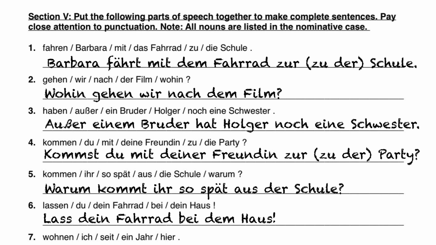Lass dein Fahrrad bei dem Haus. Now this is one of those that I could have contracted again. I could have said beim Haus, but in this case I wanted to emphasize the house, and so we say bei dem Haus. Now this is one of them you could say beim, B-E-I-M, as opposed to bei dem, but at any rate, that's the way I chose to write it this time. Lass dein Fahrrad bei dem Haus. Leave your bicycle by the house, at the house.